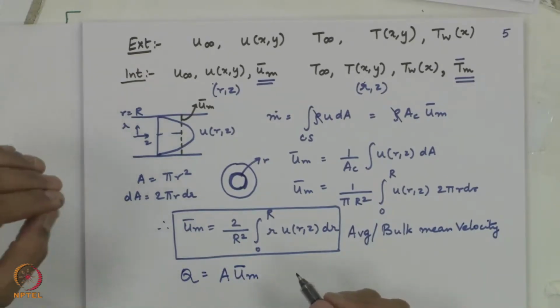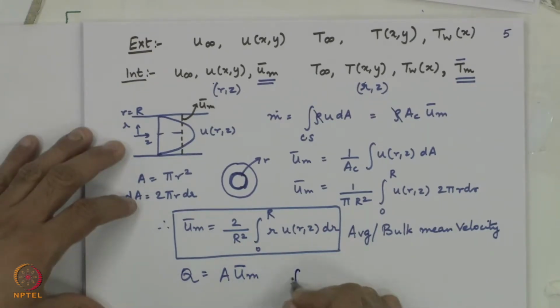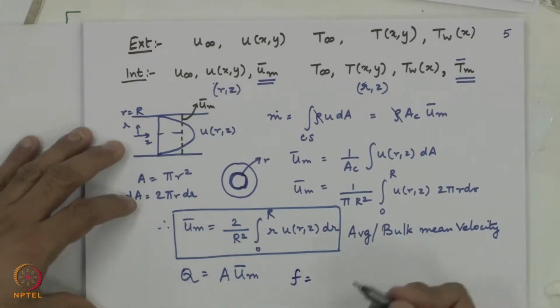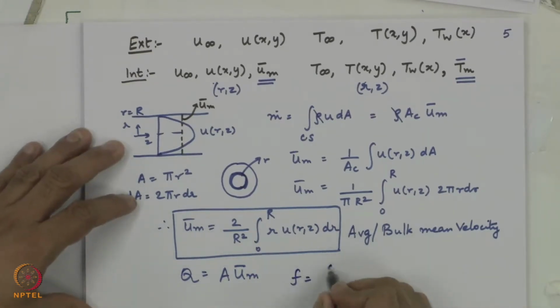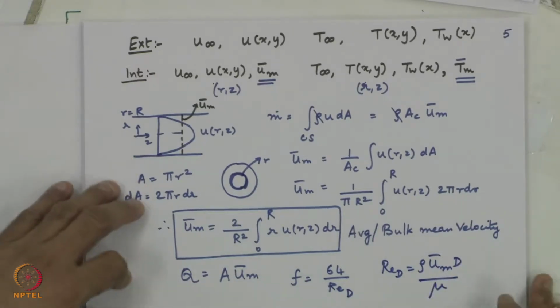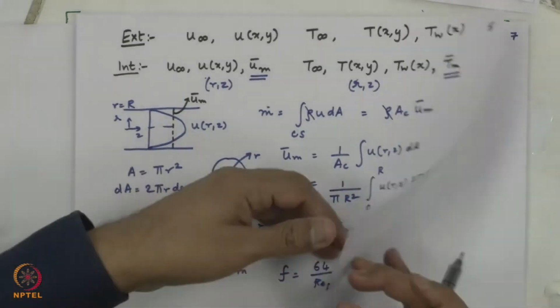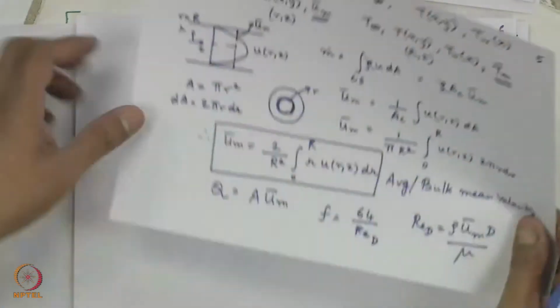When I want to calculate quantities, for friction factor, if you remember, laminar flow is 64 by Re for a pipe flow. This Re definition would be rho u bulk mean d by mu. So, in these definitions you have this average velocity. What is this bulk mean temperature then?